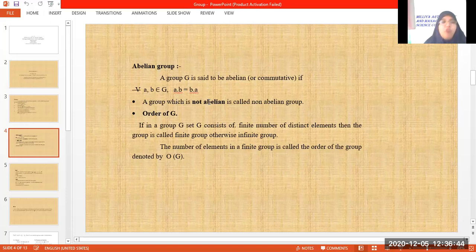A group which is not abelian, meaning A dot B is not equal to B dot A, is called a non-abelian group.